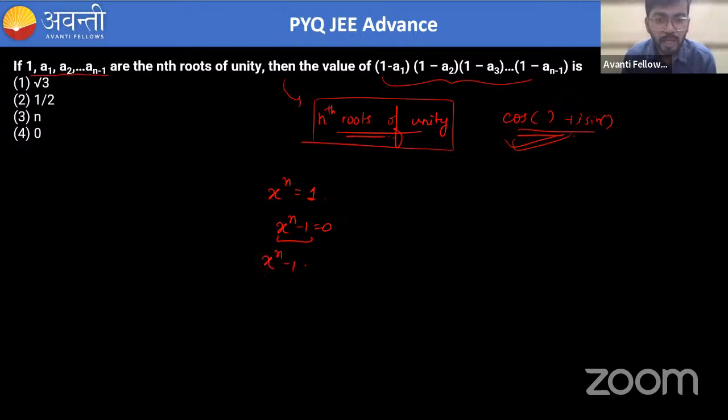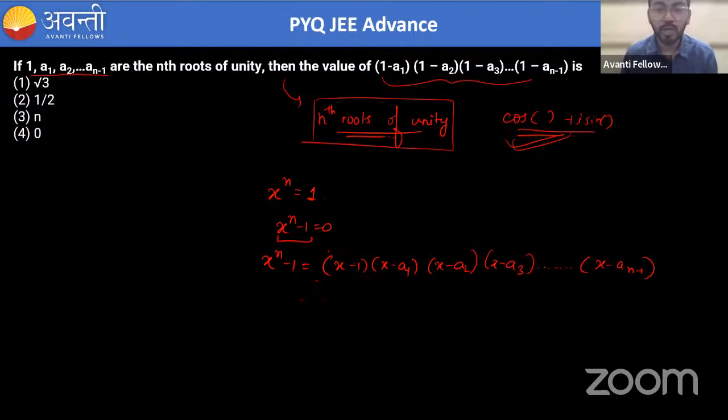So can we write this in terms of the factors: x minus 1 into x minus a1 into x minus a2 into x minus a3 and so on up to x minus a n minus 1, since there are n roots, right?